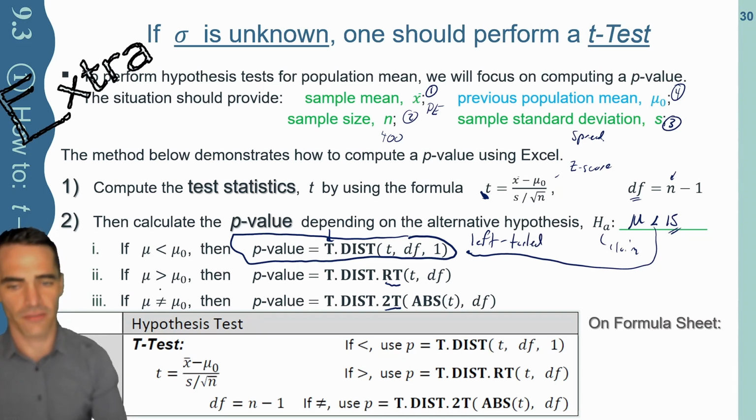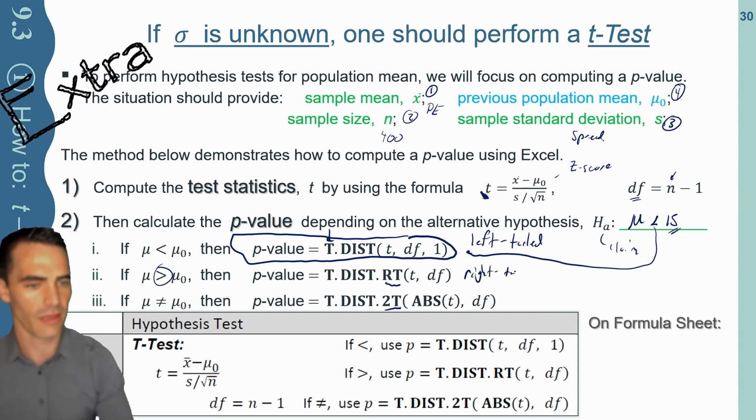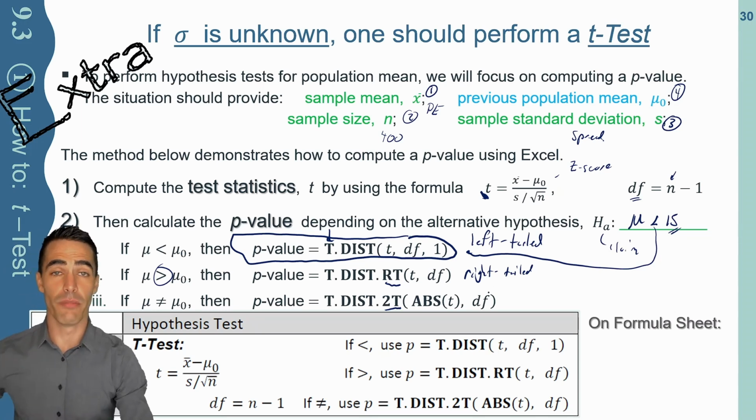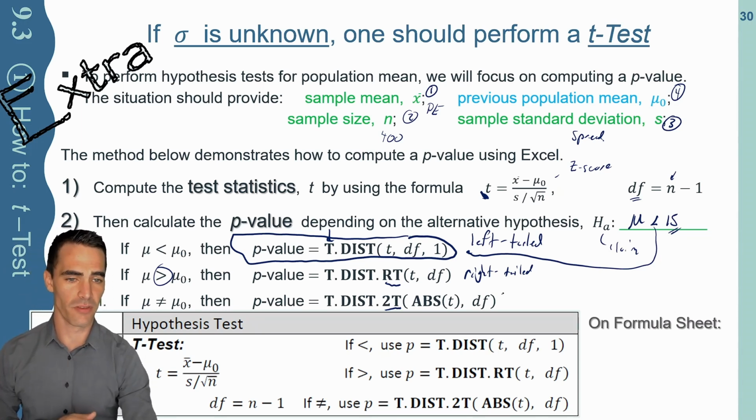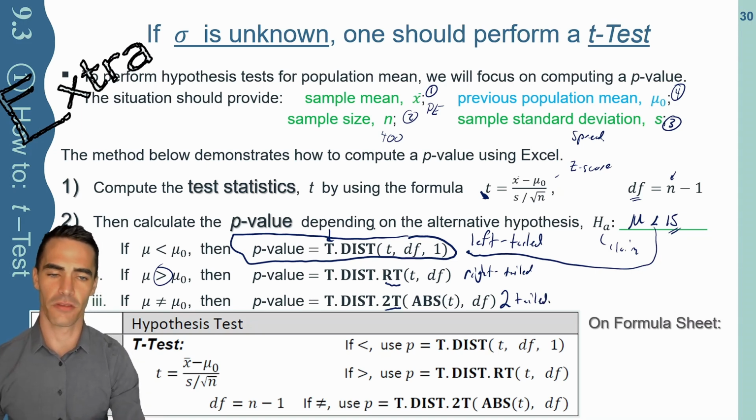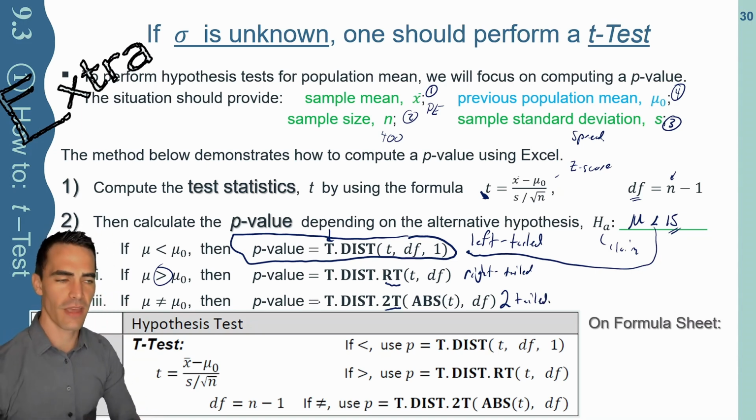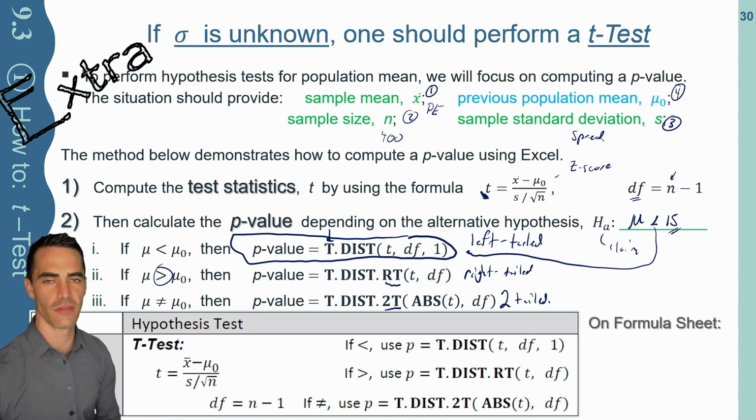If you're trying to find values that are greater than, like over here, then this is called a right-tailed study, hence the RT. If we're in both directions, the left and the right tail, then we simply call that a 2-tailed hypothesis test. And so that's what this abbreviation is for. You don't need that, but I think it's beneficial to understand why we use this RT and 2T business.